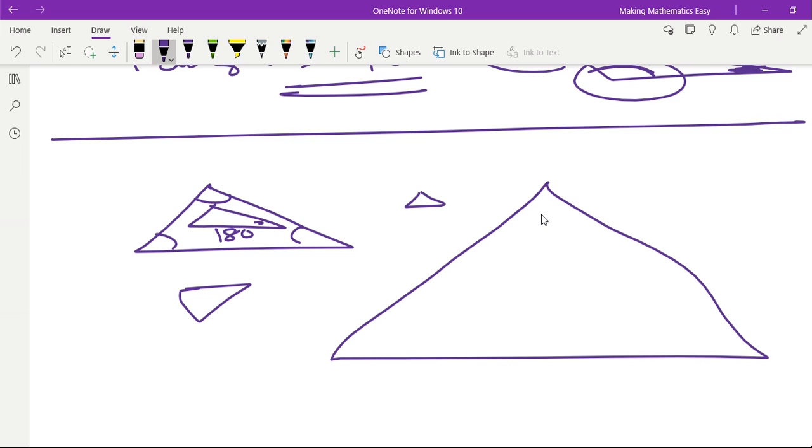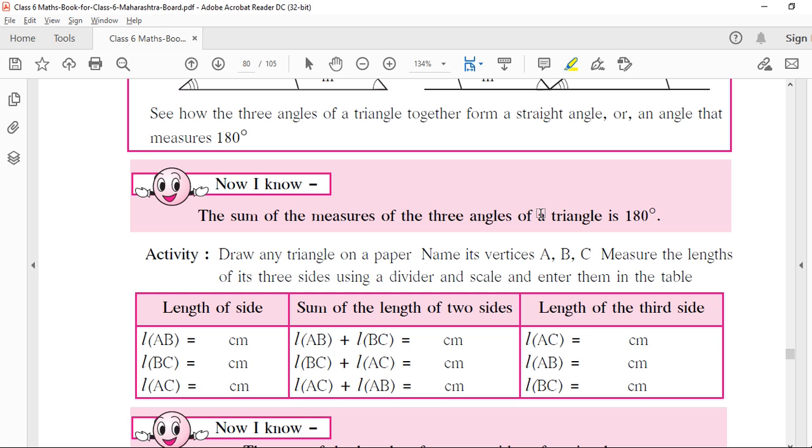It will not be less than 180 degrees, it will not be greater than 180 degrees. It will be exactly 180 degrees. So in this triangle also, the addition of these three angles will be 180 degrees. In this triangle also, and in this triangle also, the addition of the three angles will be 180 degrees.